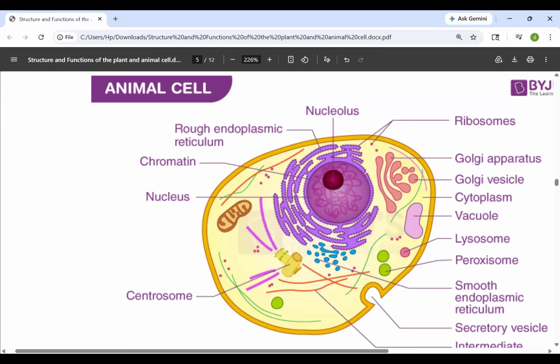Centriole and centrosome are the same. And plasma membrane, you know that. Nucleus, nucleolus and nuclear envelope are there. RER is there. Mitochondrion is there. So those are the things.